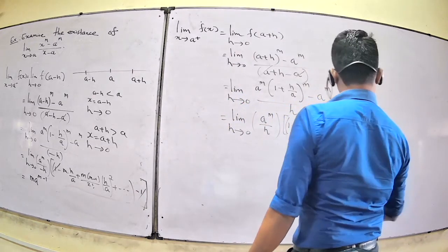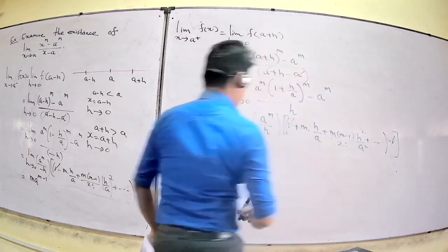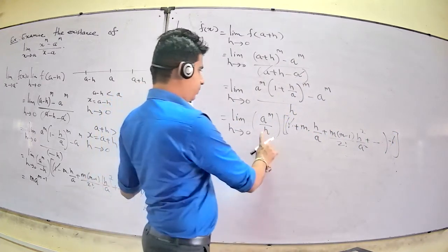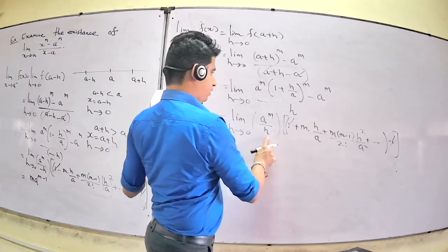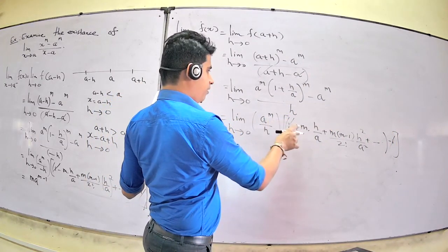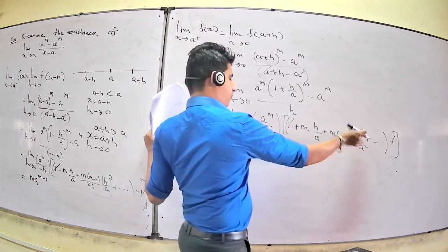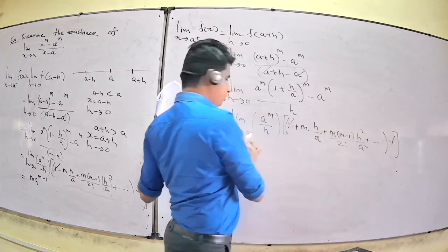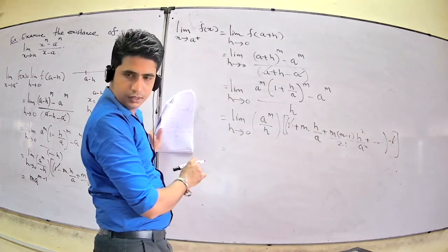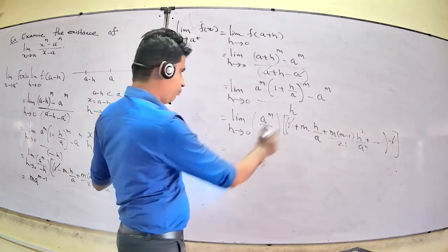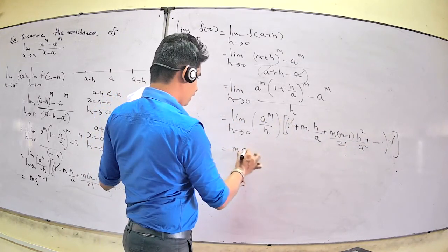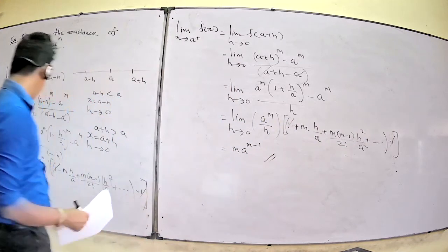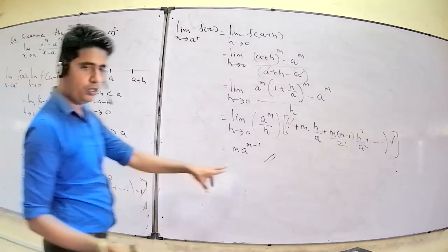Then you see minus 1 and plus 1 cancel. Then only your first term remains, where you multiply, the h is cancelled, and you get a power m minus 1 times m. Other terms have a product with h, therefore other terms should be 0 as h is 0. Therefore, you get for this limit the value m into a to the power m minus 1. Here also your value is m into a to the power m minus 1.